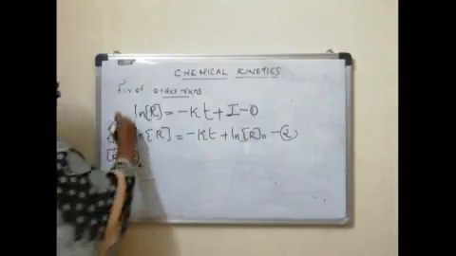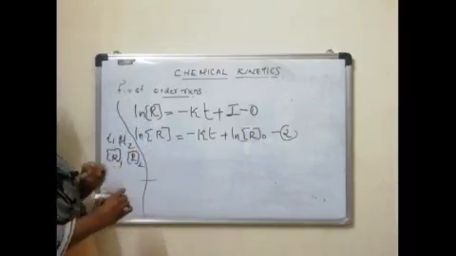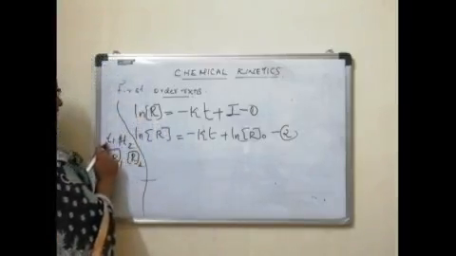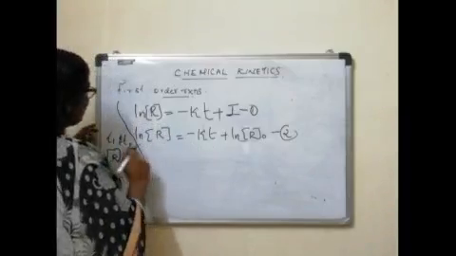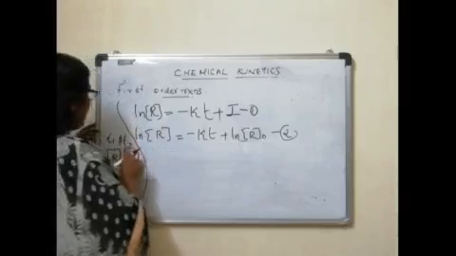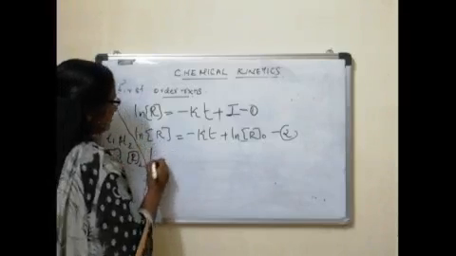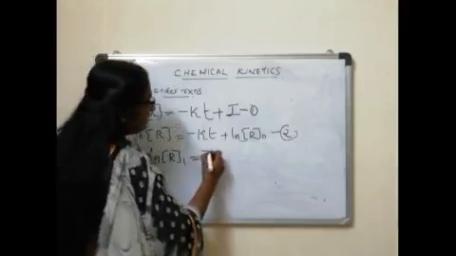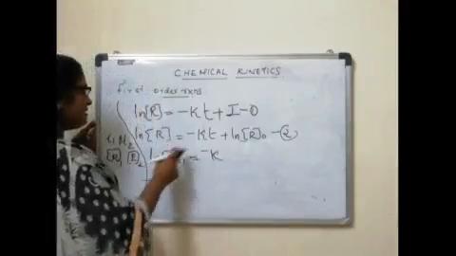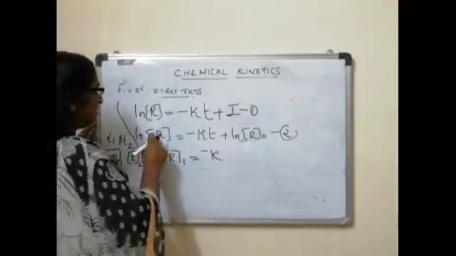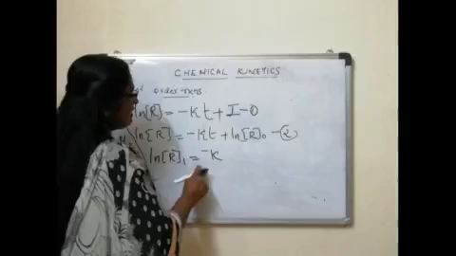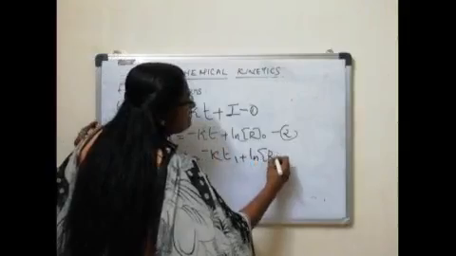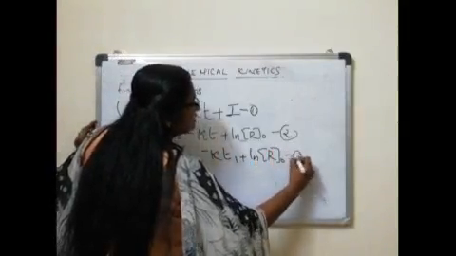First of all we can write the equation at time t1. Let the concentration of reactant be R1, then this equation will be changed into ln R1 is equal to minus k into t1 plus ln R0, the initial concentration R0 itself. That will be equation 3.